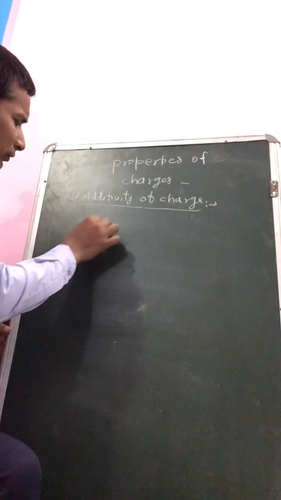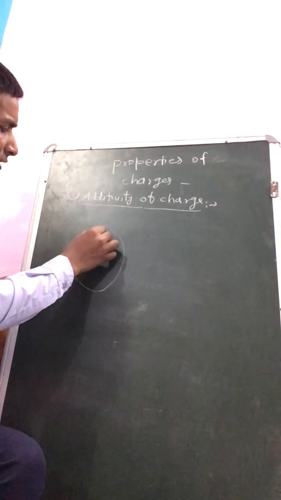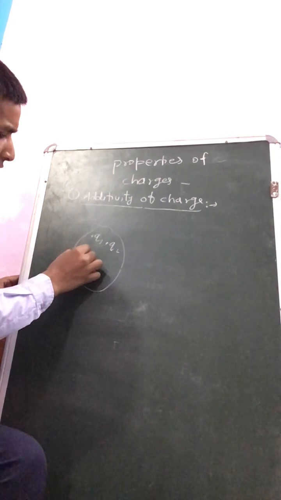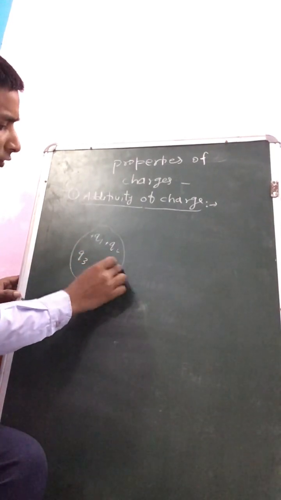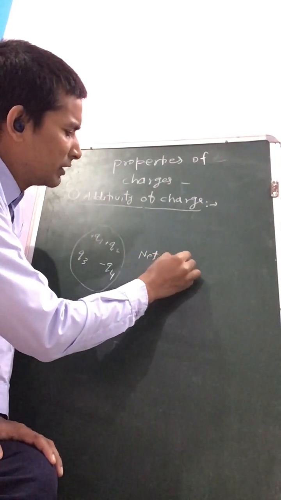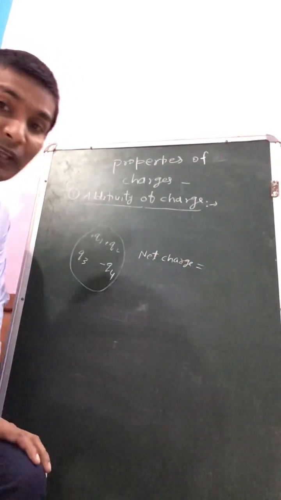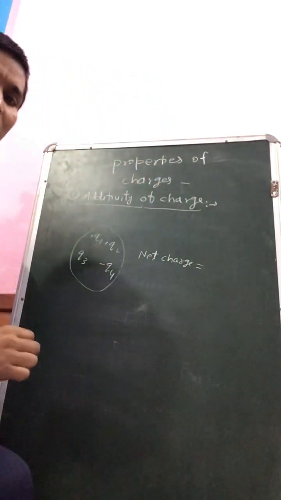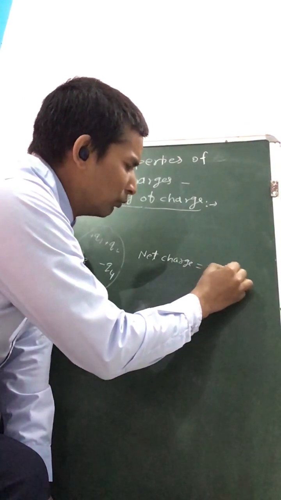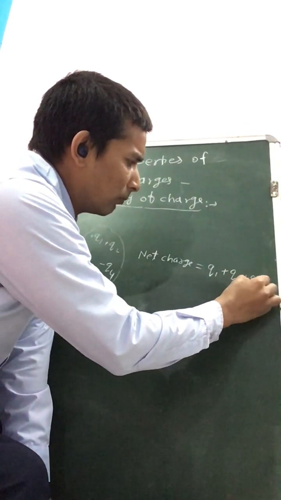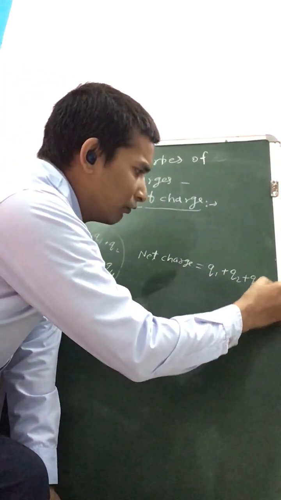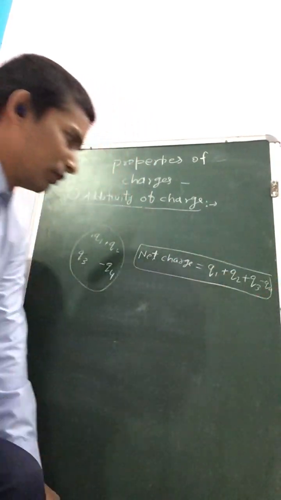Suppose a system has charges Q1, Q2, Q3, Q4. The net charge on the system will be the summation of all the individual charges, so Q1 plus Q2 plus Q3, and Q4 is negative, so minus Q4.